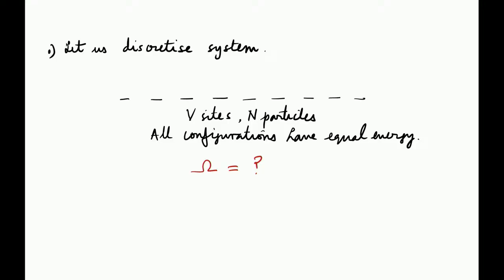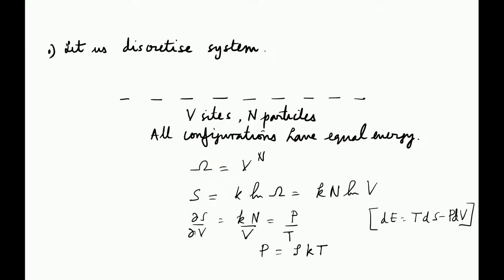So, let us look at the answer. The first particle you can put in any of the V sites. How many ways can I do that? V. Second particle V. Third particle V, and the N-th particle V. So V into V into V into V, V power N. Now we again apply the rule.